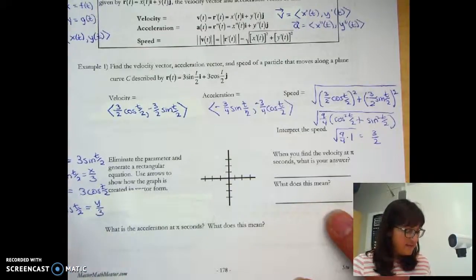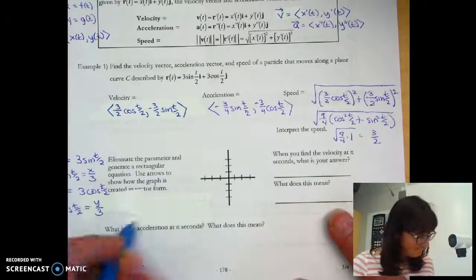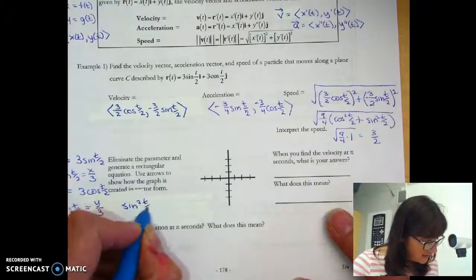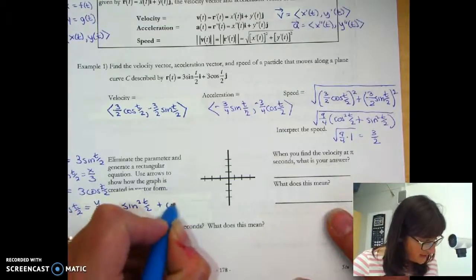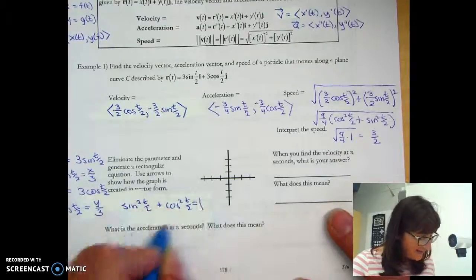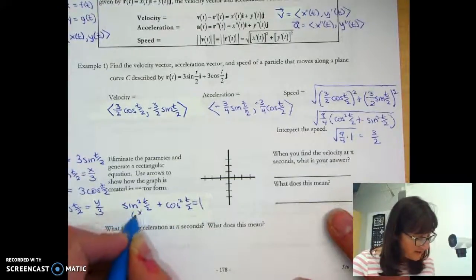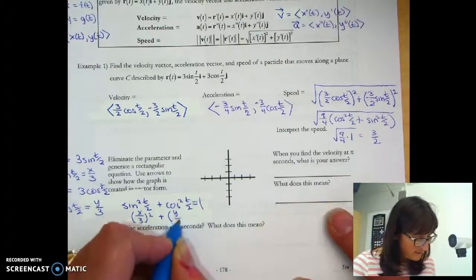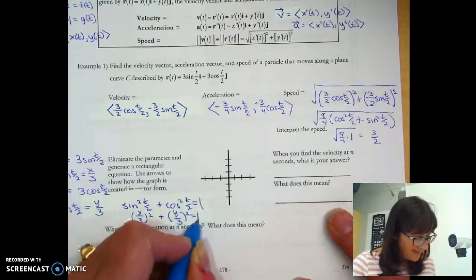Now I can take this number squared plus this number squared, and I know it's equal to 1. So sine squared t divided by 2 plus cosine squared t divided by 2 is equal to 1. And if I substitute, we're going to get x over 3 squared plus y divided by 3 squared equals 1.